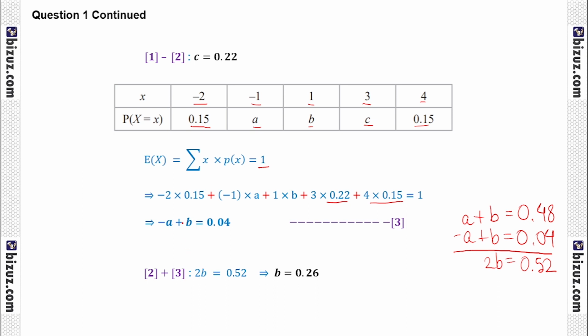Now we can substitute this into our second or third equation. Let's go with the second one. From a plus b equals 0.48, we get a is equal to 0.48 minus b. If we plug in b here, we get a is equal to 0.22.